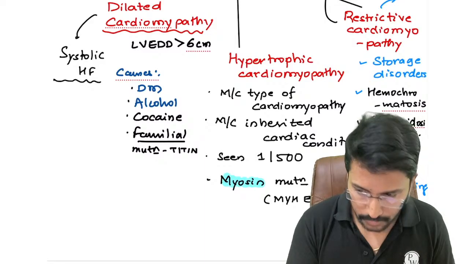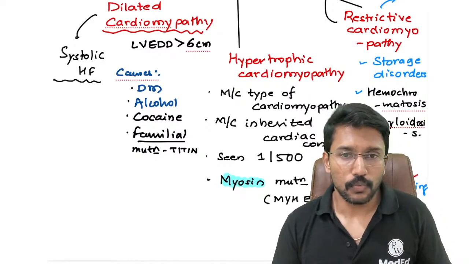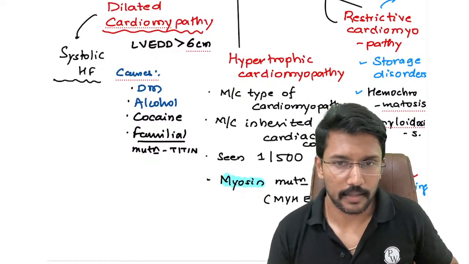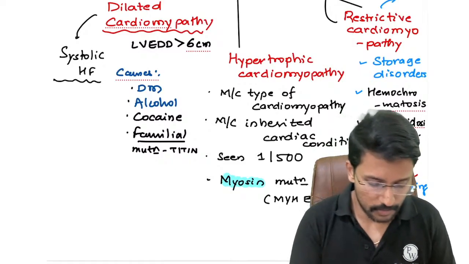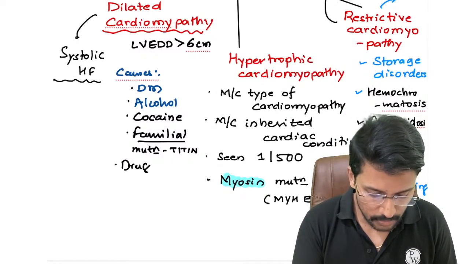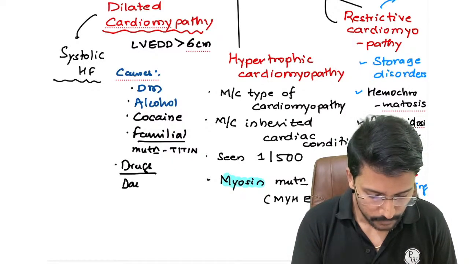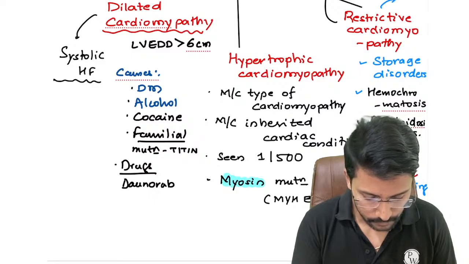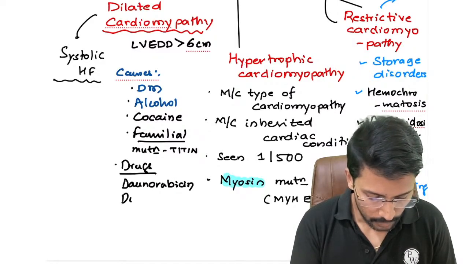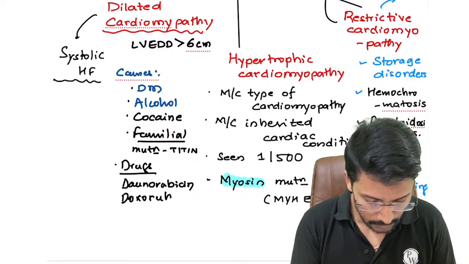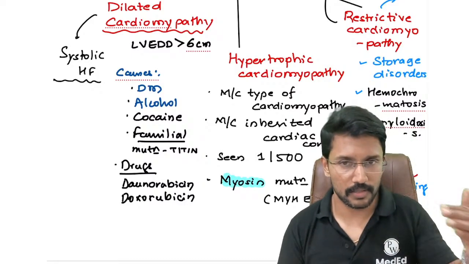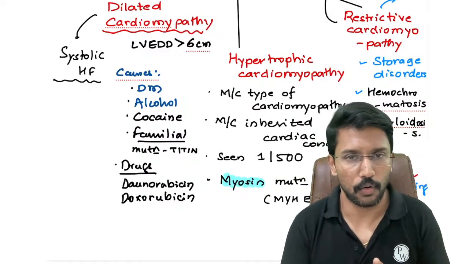Titin gene mutation leads to development of dilated cardiomyopathy, right? Apart from that, there are drugs like daunorubicin, doxorubicin, adriamycin. They can also cause dilated cardiomyopathy. So these are important causes. The list is quite long.